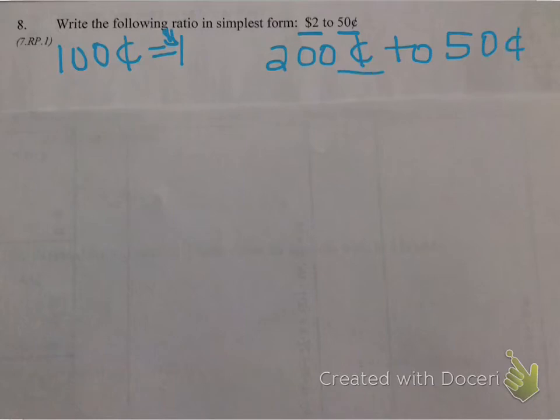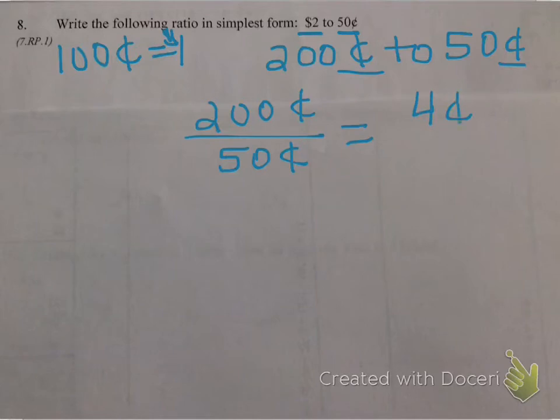Okay, now I have cents and cents, so I could write that as a ratio, 200 cents to 50 cents. And I could simplify that. They're both divisible by 50. 200 divided by 50 is 4, and 50 divided by 50 is 1. And again, we're going to leave that over 1. 4 cents to 1 cent is your ratio. 4 cents over 1 cent.